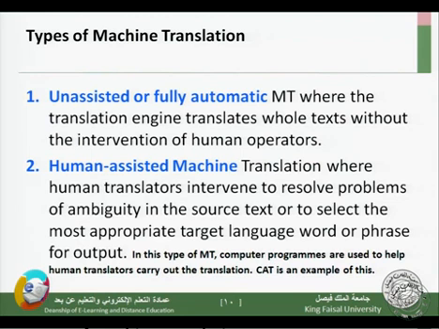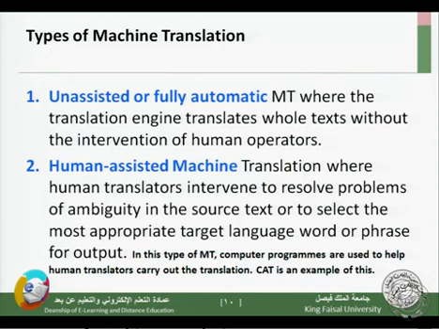Now, what are the types of machine translation? There are two types. Unassisted or fully automatic. Unassisted means the fully automatic type of translation, where the translation engine translates the whole text without the intervention of a human operator.